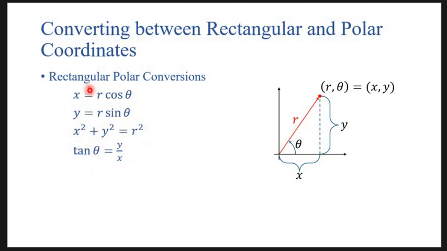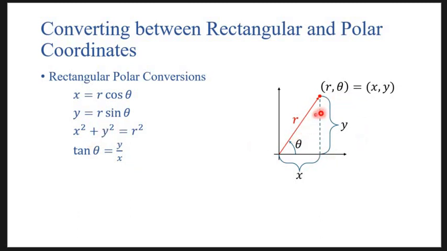The first 2 allow you to convert from polar to rectangular because you're given an r and a theta, and you can use them to find x and y. The second 2 allow you to convert from rectangular coordinates, x's and y's, to polar coordinates, r's and thetas.